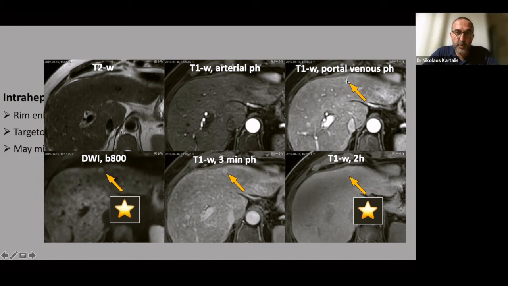There is no nodularity, there is no discontinuity. So this is a typical finding of intrahepatic cholangiocarcinoma. And please remember, targetoid appearance is not always present, but if it is present, it's highly indicative of intrahepatic cholangiocarcinoma. We see it here.